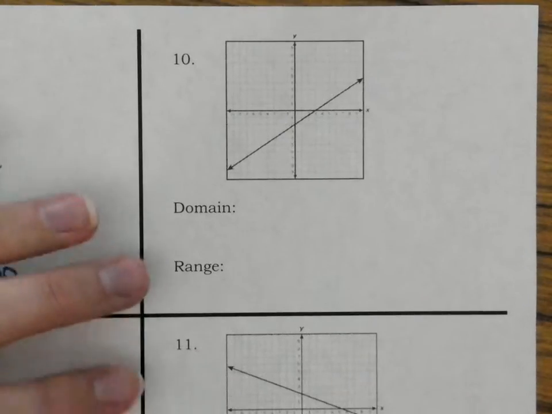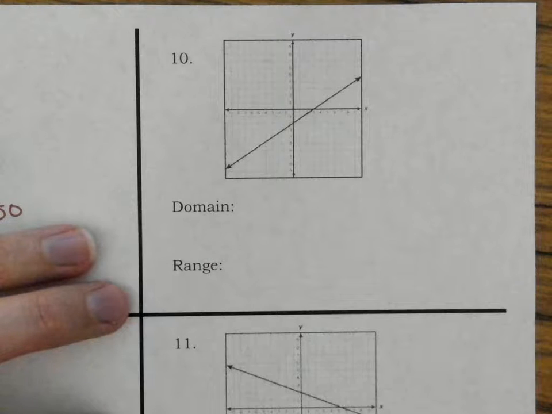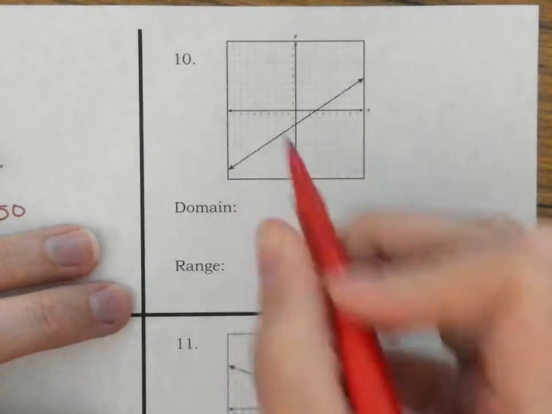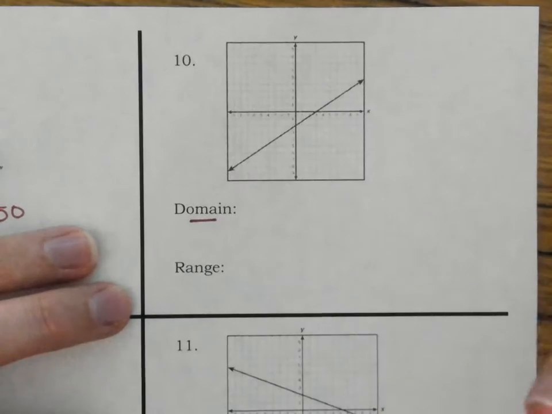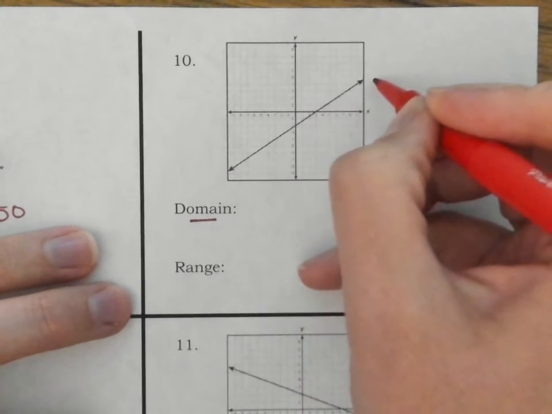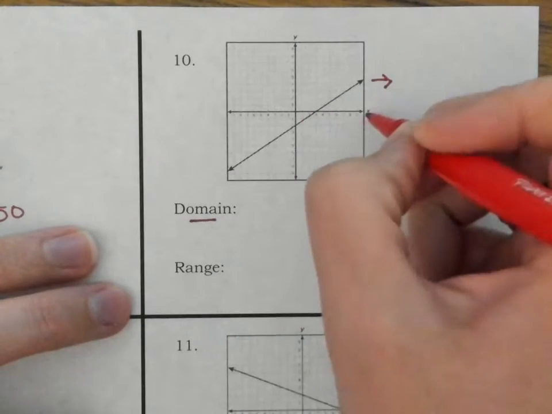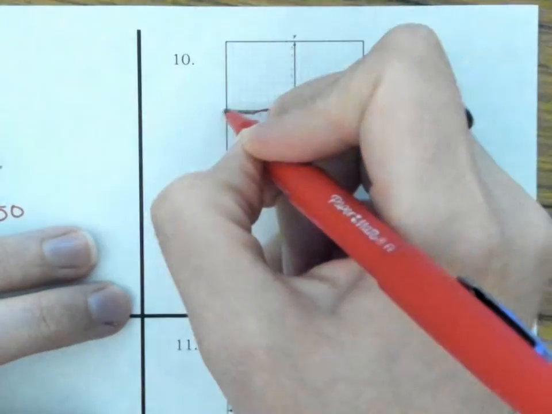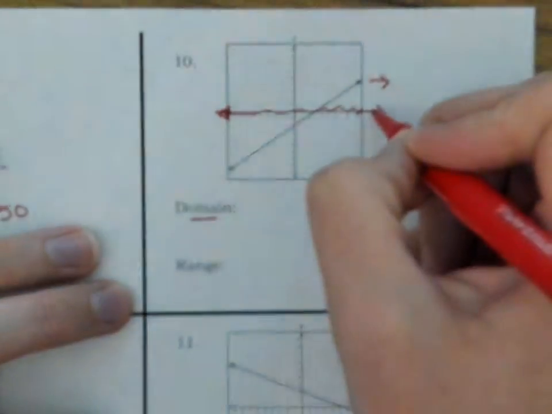Okay. On number 10, we cannot box it in because it has arrows going in both directions. So our domain, if I look at this, it's going to the right forever. It's just going up, and then it's also going to the left forever.